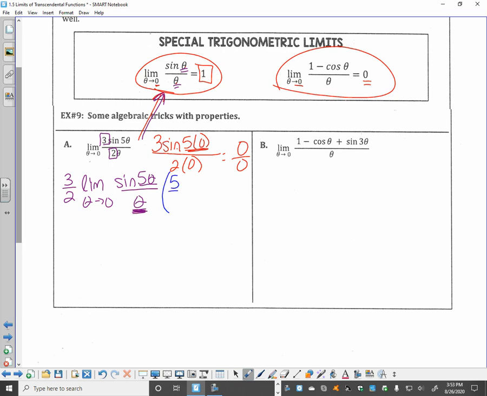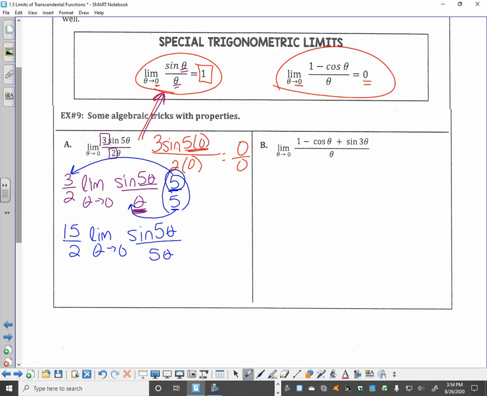I am going to multiply by 5 over 5 because that is the same thing as multiplying by 1. Now watch. I need this 5 to go right there. This 5 I don't want, so I'm going to put him out here with the 3. So I'm going to go 15 over 2, limit, theta approaches 0, of sine of 5 theta over 5 theta.